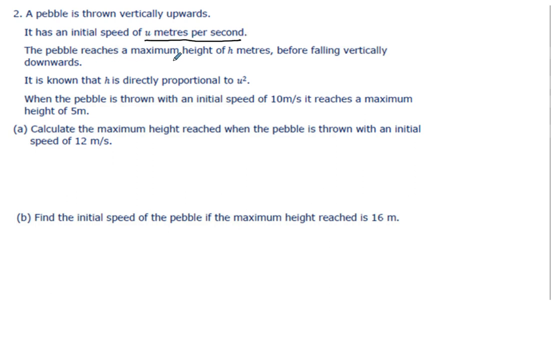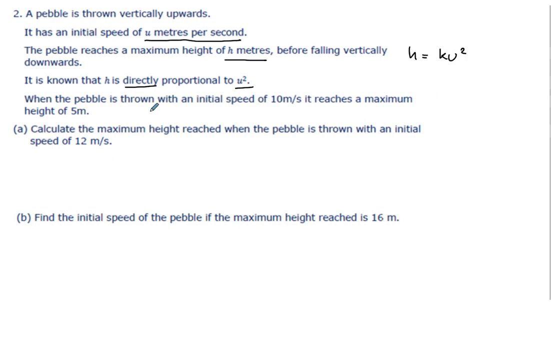The pebble reaches a maximum height of h meters before falling vertically downwards. It is known that h is directly proportional to u squared. So the first thing we write is h equals k u squared.